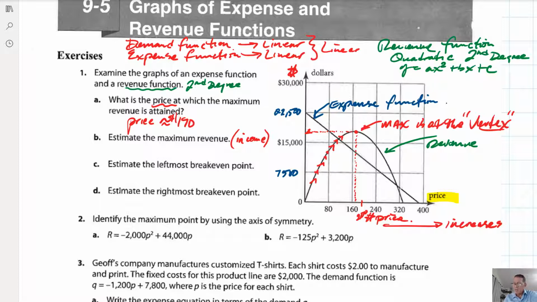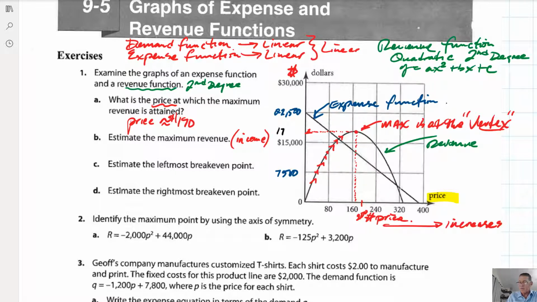The maximum revenue occurs when the price is about 170, and that maximum revenue we estimate has got to be above 15,000. There's 7,500 between these grid lines. We're about a third up, and that's about 2,500 more. So I'm going to estimate this amount right here about 17,000, 18,000, something like that.